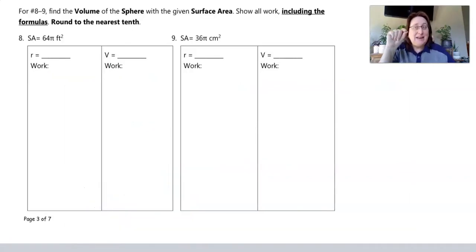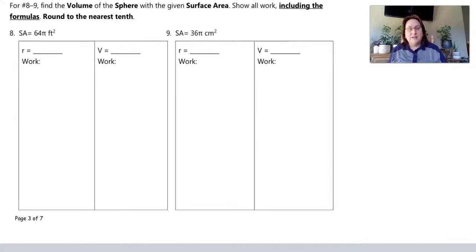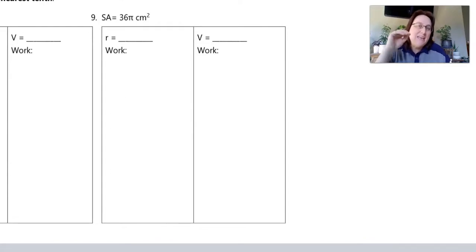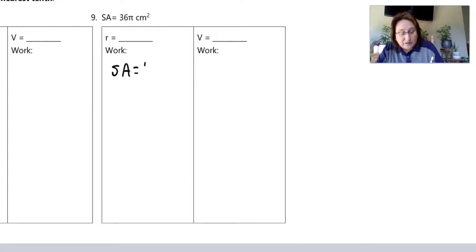Now on numbers 8 and 9, it says that we're going to find the volume of the sphere, but it gives us the surface area. Guys, I want you to think about what I've said all these times before. If it gives you the surface area, you're going to start with that equation. So I want to start with the surface area of a sphere is 4 pi r squared. I'm going to plug in what we know.